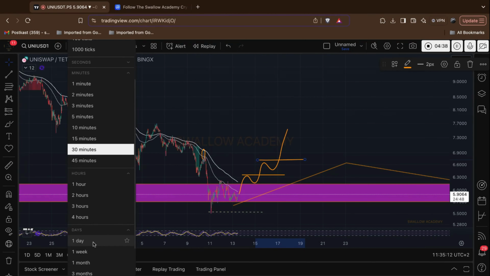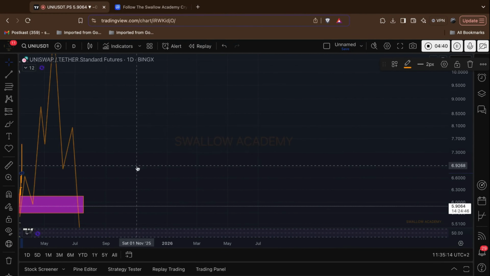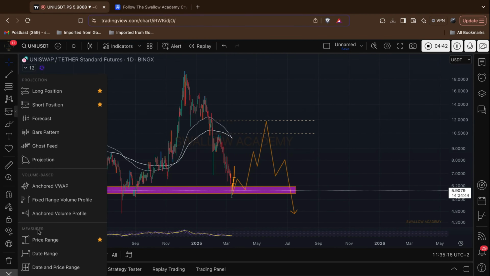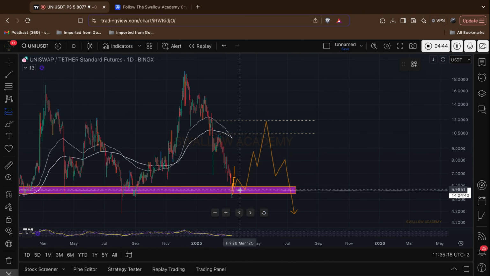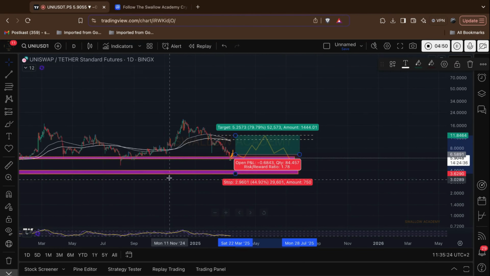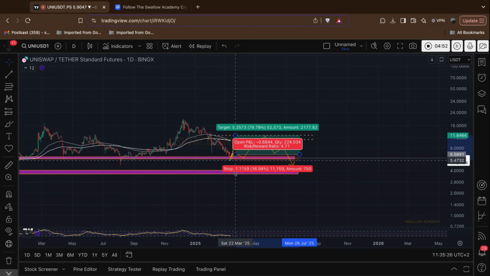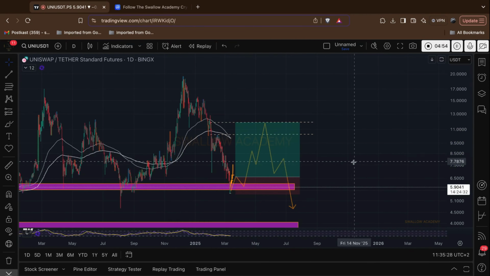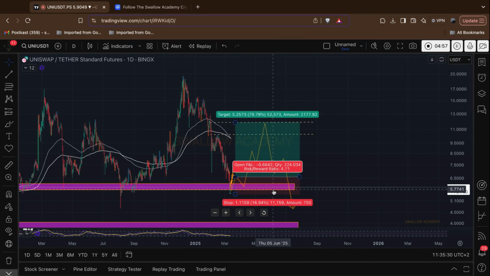And the risk and reward ratio for this position will be much, much sweeter, because the stop loss will be much tighter, and I think it will be something like this. Risk and reward ratio should be 1 to 4, maybe. Basically 1 to 5. Let's call it 1 to 5.